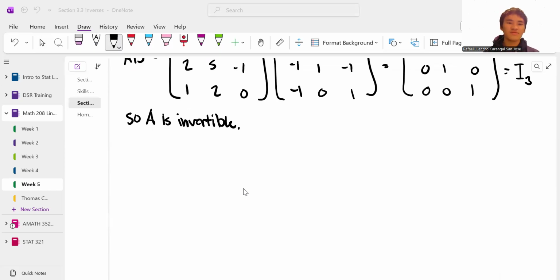And we know from section 3.2 that sometimes when we multiply A by B, that's not equal to multiplying B by A. So order matters. But if we multiply A, B, and let's say they are inverses of each other, that's just going to result in identity. And that's the same thing for B and A.